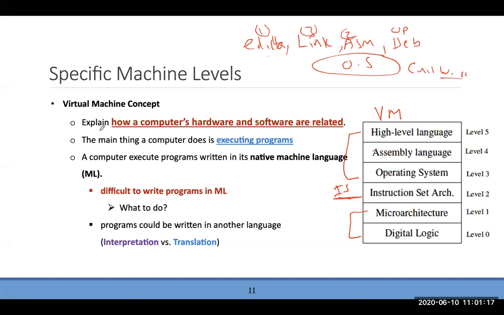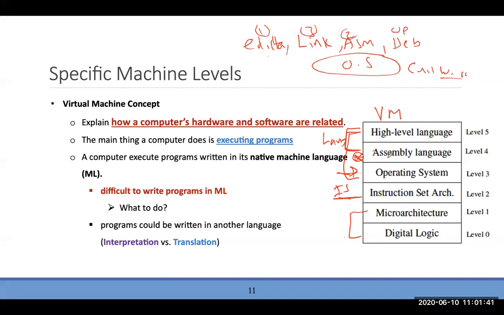Okay, so the whole idea here is we're going to explain how the computer's hardware and software are related. So this is the hardware, this is the software. In terms of software, I would say this part is the operating system, and this is the languages part. So we are right here. In terms of assembly language, we are using Microsoft Windows, right? Or maybe Mac.